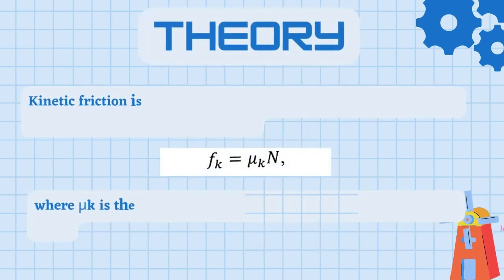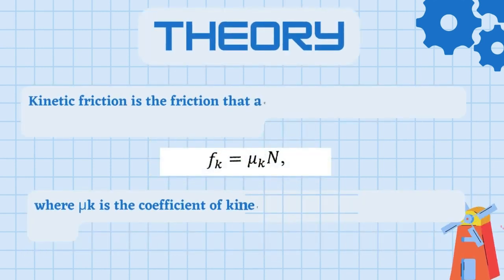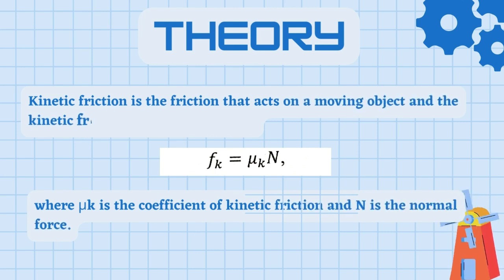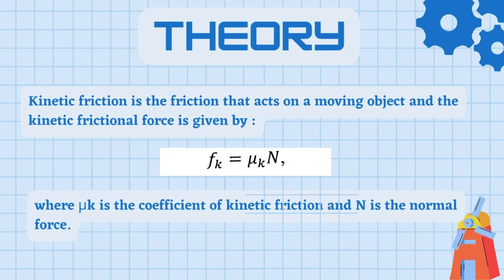Kinetic friction is the friction that acts on a moving object. The kinetic frictional force is given by Fk equal to mu k N, where mu k is the coefficient of kinetic friction and N is the normal force.